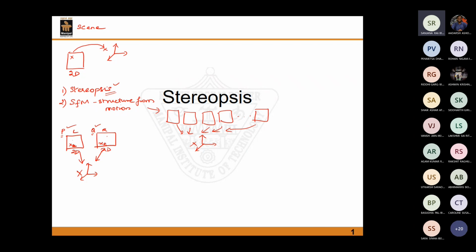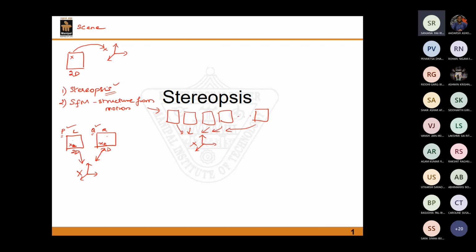So in applications where you know the camera parameters, or let's say the camera parameters do not change over a period of time while the image acquisition is going on, okay? Or let's say we know the camera parameters precisely, and these parameters are fixed throughout the image acquisition. In such a case, we can go with the stereopsis.